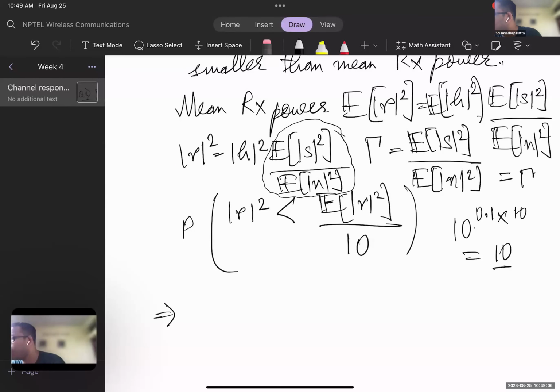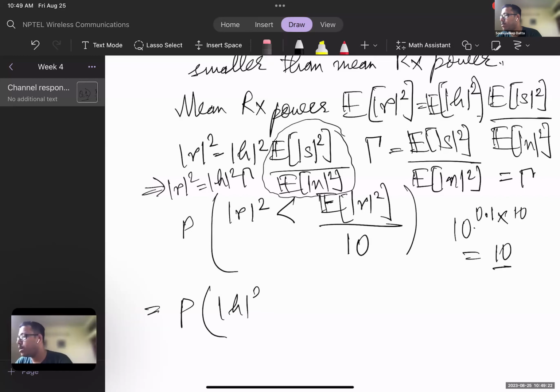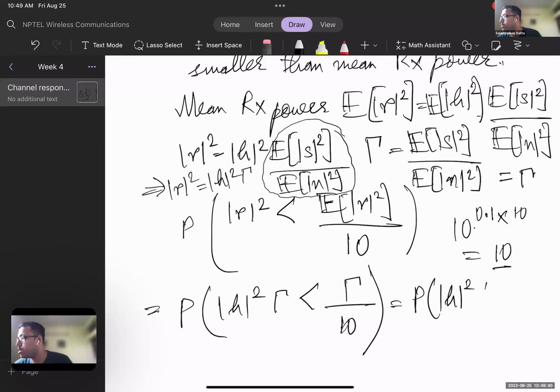And mod r square is equal to mod h square times gamma. So I need the probability that mod h square times gamma is less than gamma divided by 10. I need the fading, and gamma cancels out here, so what I will have is the probability that mod h square is less than 0.1.